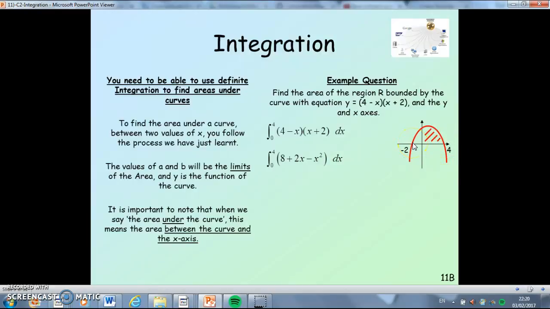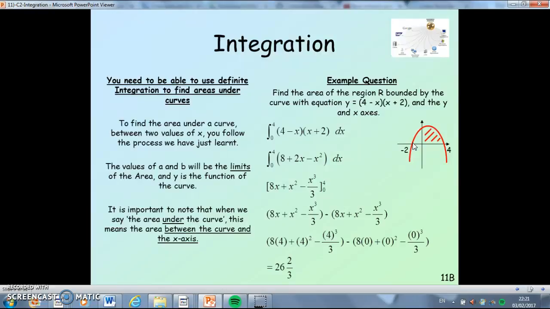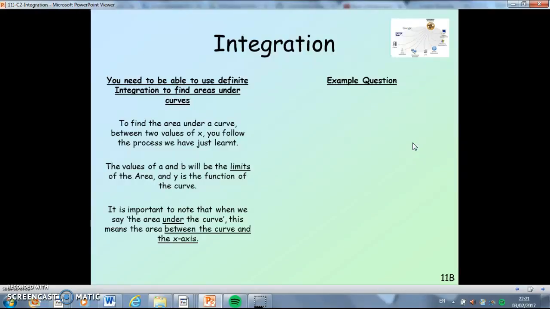So first of all, we expand the bracket as shown, and then we integrate the bracket, and then we sub in the values. Subbing in the values is actually much simpler than it first seems. So you can pause and have a go at this.